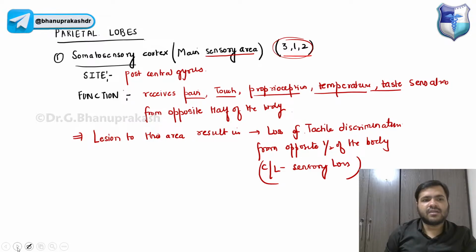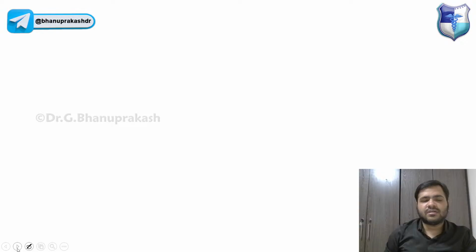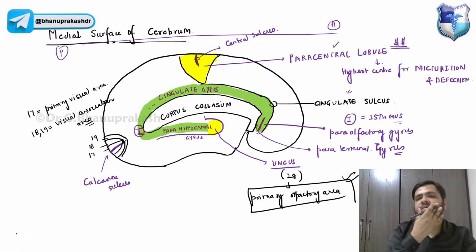I will be discussing firstly the histology of the cerebral cortex and the homunculus. I will also be discussing the types of sulci, which I have not discussed yet. So let's end this.